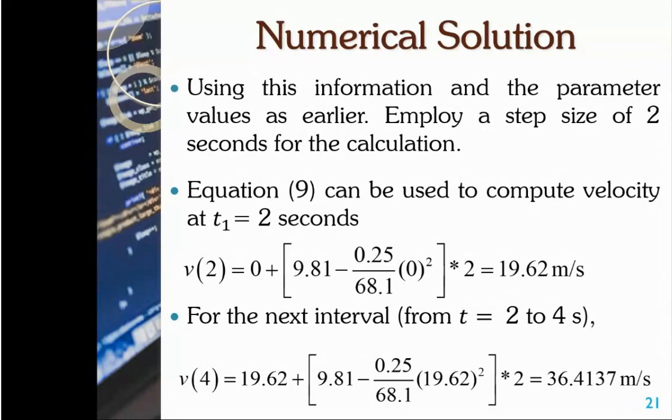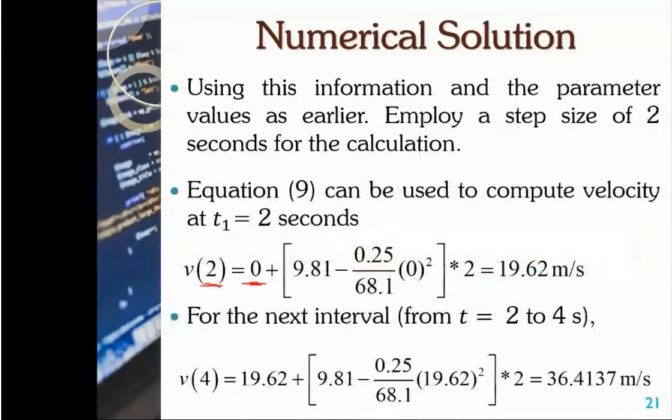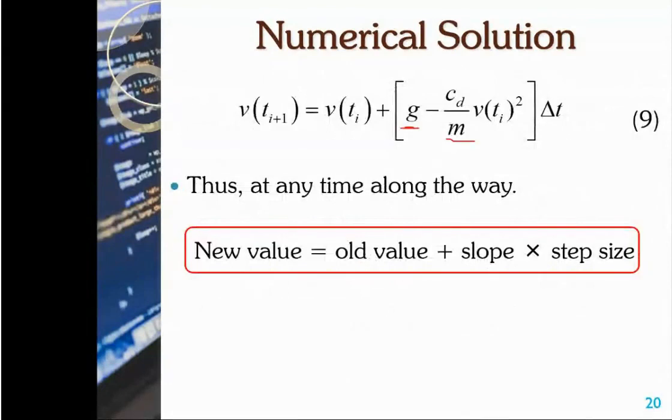So for us to estimate our velocity at time equal to 2 seconds, our velocity at 2 will be equal to a past value of velocity. And remember that the past value was when this jumper was stationary. And when this jumper was stationary, the velocity was equal to 0. Okay, so this becomes 0 plus our gravity, which we had here to be 9.81, minus our drag coefficient, which is equal to 0.25, all over our mass, which is 68.1.